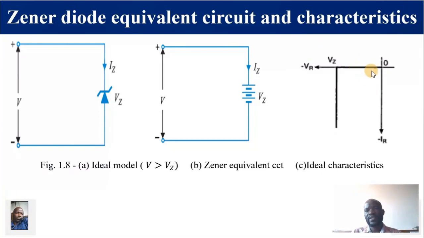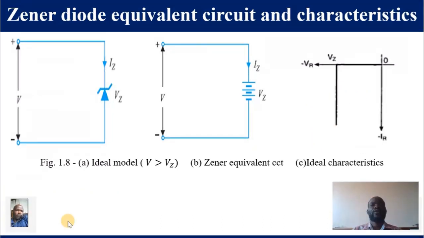Please take note that there is zero current flow when the reverse voltage is less than Vz, but we know that there is little current flow. Then there is hardly any increase in the Zener voltage, but we know there is a very small change. These are the ideal reverse characteristics of a Zener diode.